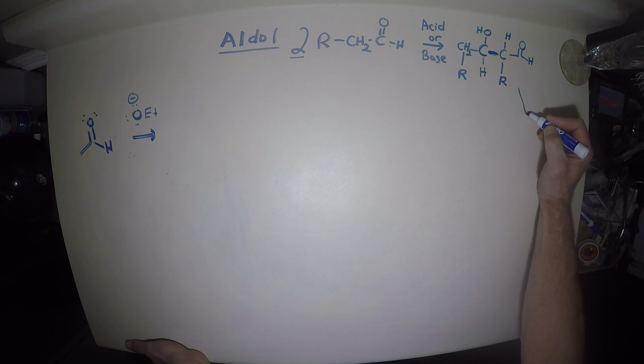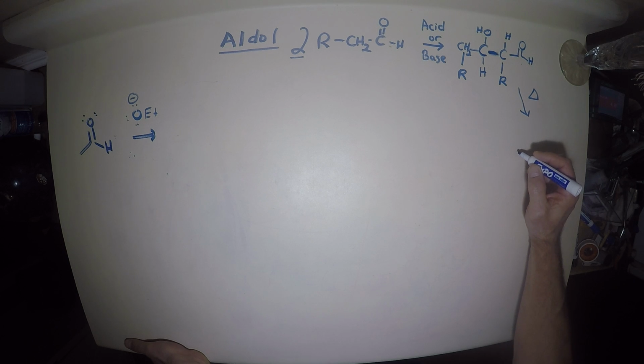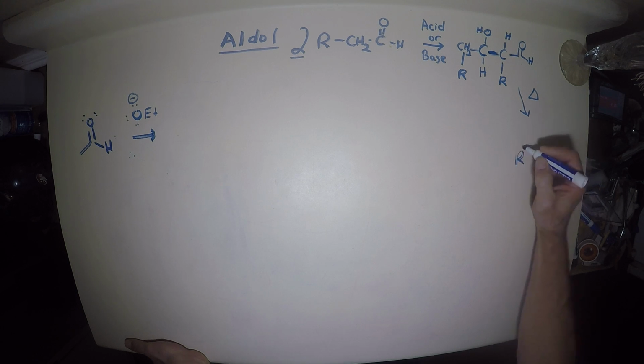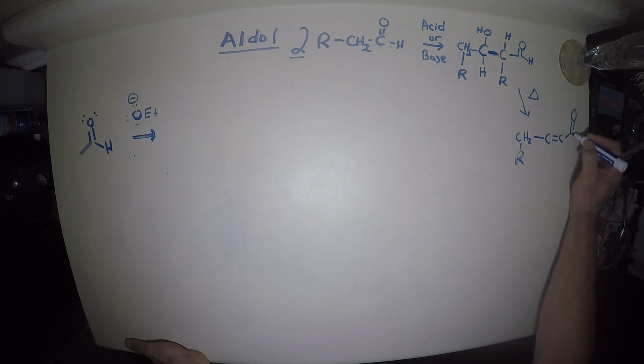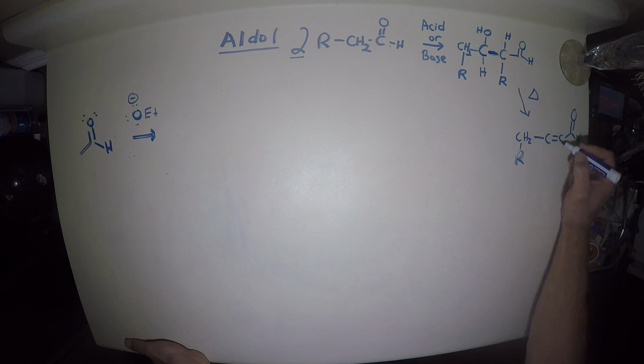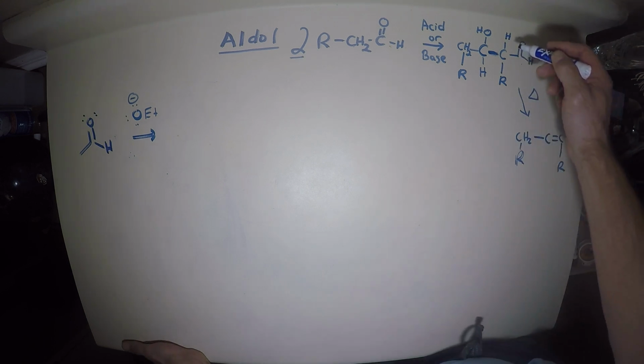If the initial product is heated, oftentimes we'll get the alpha beta unsaturated product, which would result from dehydration.